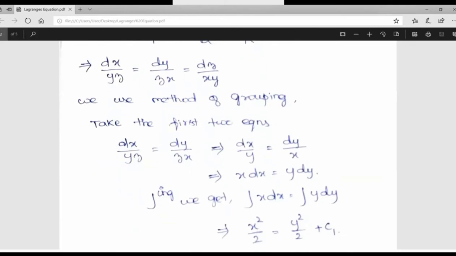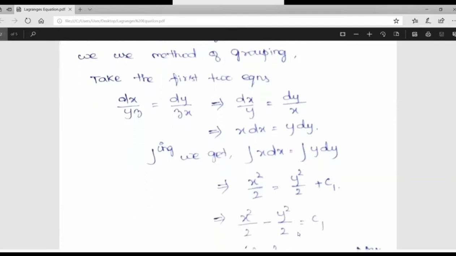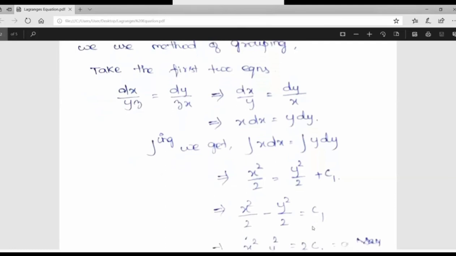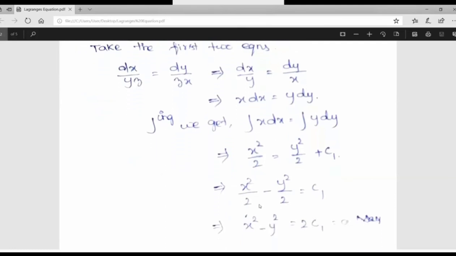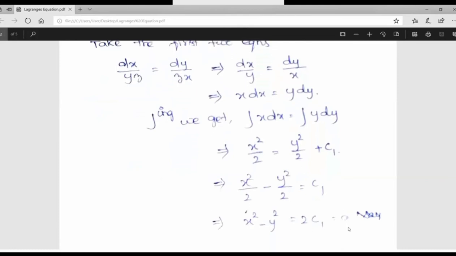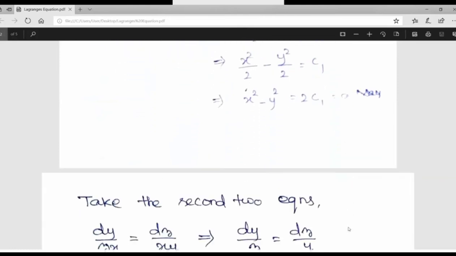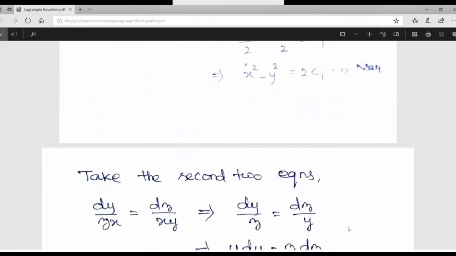Similarly, integrating y, we get y square by 2, plus an arbitrary constant. So this can be written as x square by 2 minus y square by 2 equal to C1. Taking LCM and cross multiplication, we get x square minus y square equal to C1. This is the first solution we are getting.